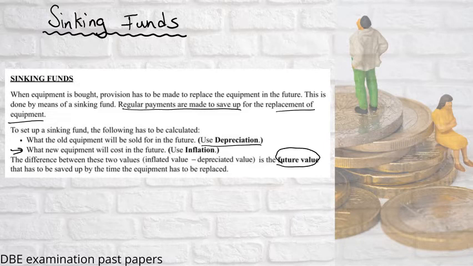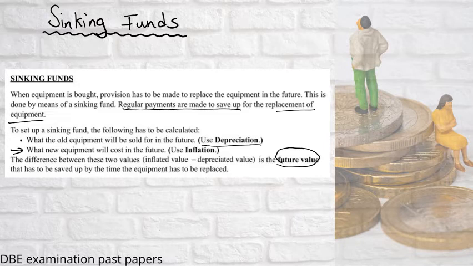So you use the money you made by selling the old machine towards paying for the new machine. The difference there would be the future value, and that has to be saved in order to replace that equipment by that time.